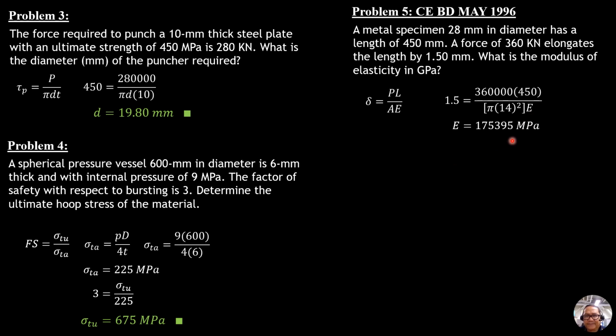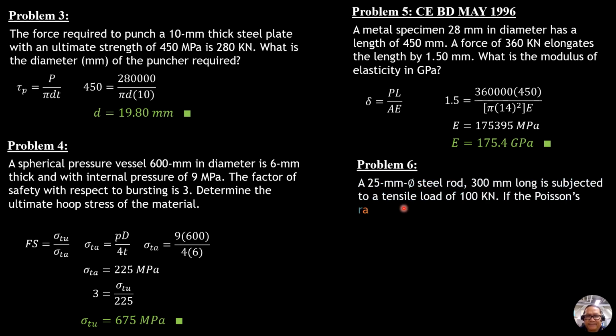So E is 175,395 megapascals. To convert it to gigapascals, we divide this further by 1000. Therefore, E is 175.395 gigapascals, or simply 175.4 gigapascals in 4 significant figures. And lastly, we have problem 6 for this slide.